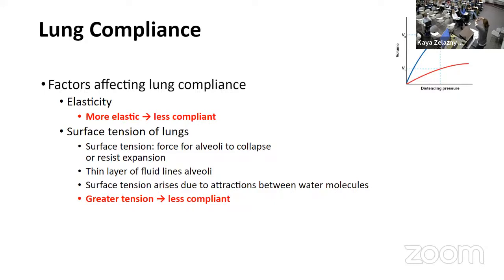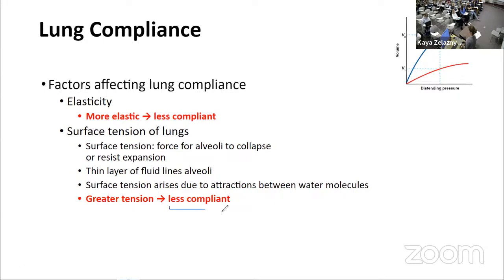So it's resisting expansion. It's not wanting to get pulled apart, which means you would have a less compliant lung, because you'd need more pressure in order to get that to expand, okay? That's how those two things are linked together: that surface tension is resisting that expansion.